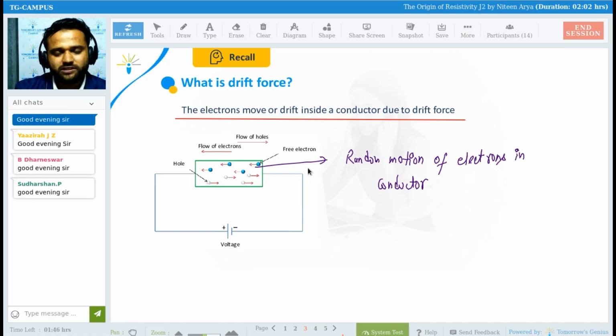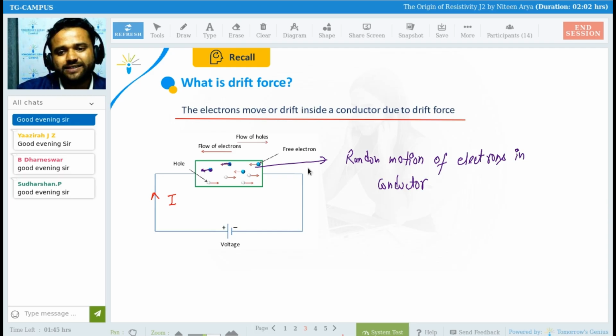The moment we apply it, due to the positive and negative terminals, the electrons tend to flow in one direction, and the positive charge particles tend to flow in the opposite direction. This is the flow of electrons, and this is the flow of holes, in the opposite direction. And opposite to the electrons' direction, we see that current goes from positive to negative.